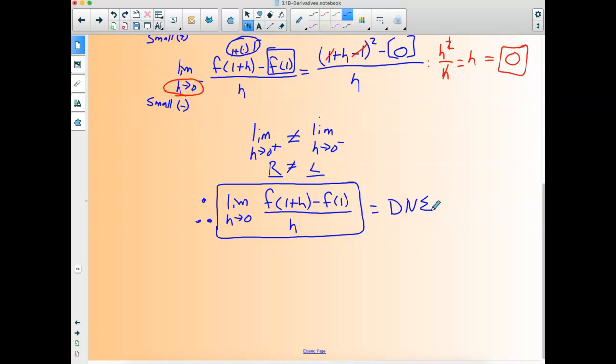So technically f prime of 1 does not exist. If the limit doesn't exist, the derivative doesn't exist. Just an application of a limit here.